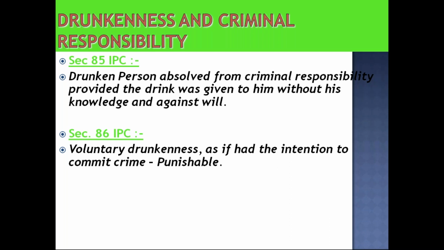Section 85 is involuntary intoxication, where the person is given alcohol without his knowledge, and section 86 is voluntary intoxication, where the person knows that he wants to commit a criminal act, and then he voluntarily takes the drink, and then he leads into that.